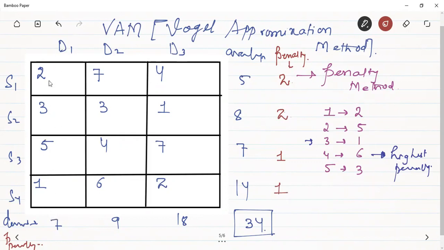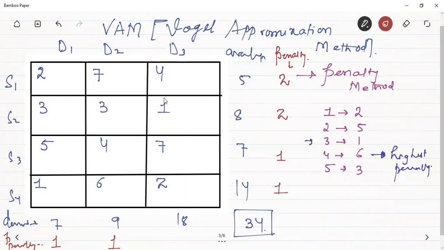Okay, you can see that the lowest in the first column is 1 and the next higher is 2. Therefore, the penalty will be 1. इसके बाद 3 and 4. Okay, 3 is the lowest in the second column and 4 is the next higher to it. The difference between them is 1. उसके बाद क्या होगा? उसके बाद होगा 4172. Okay, 4172, which has the higher penalty here.